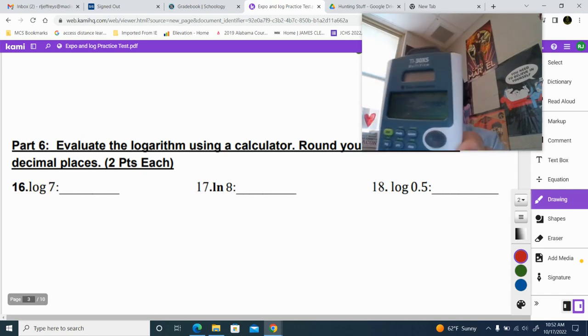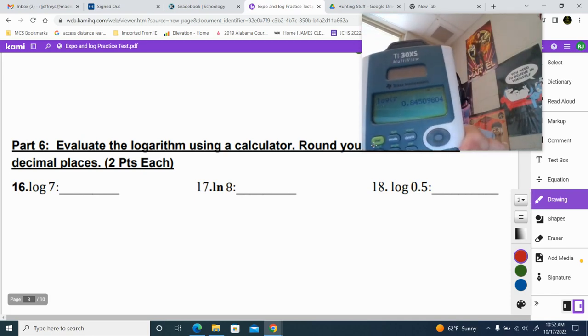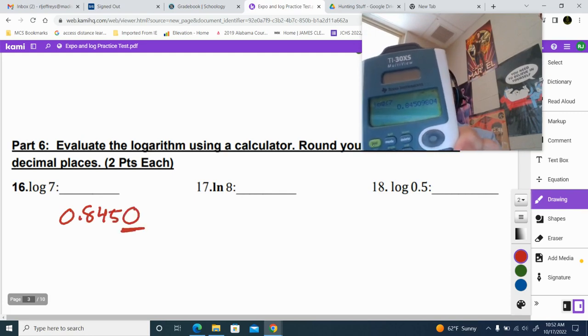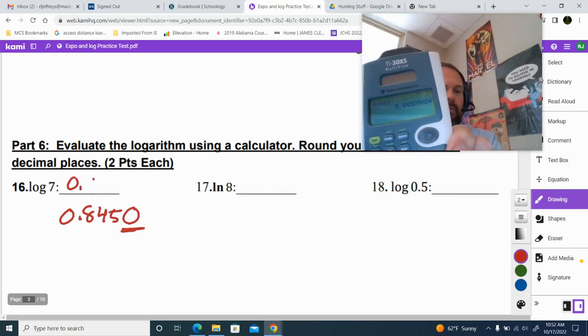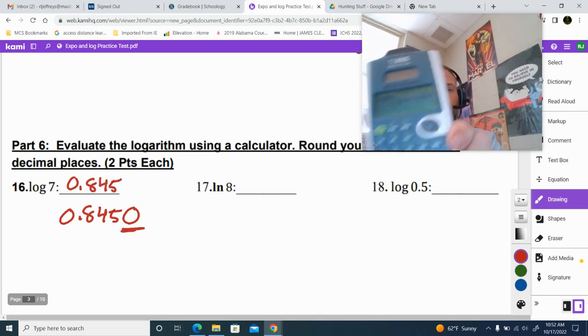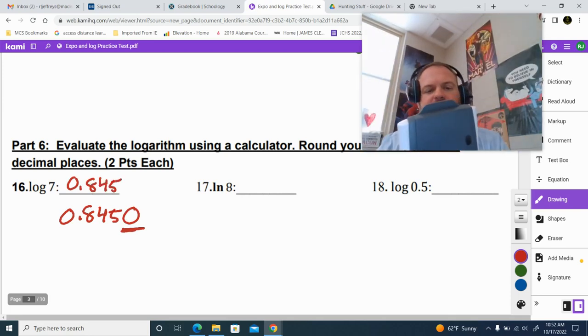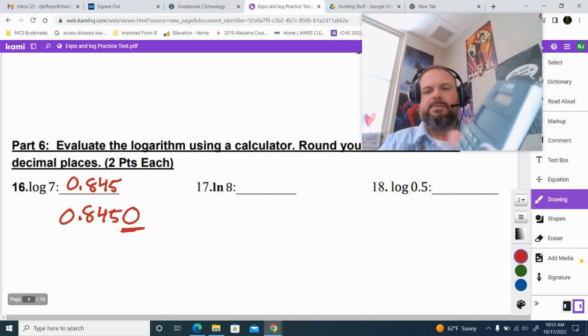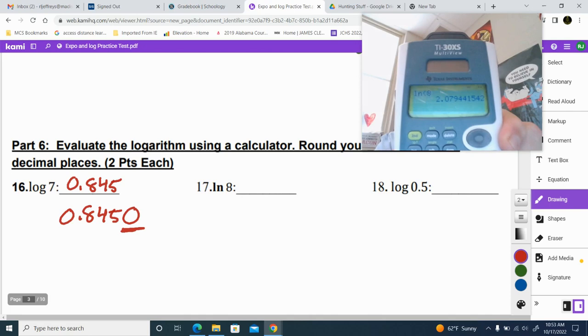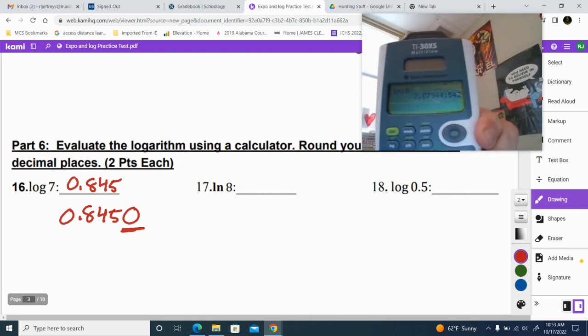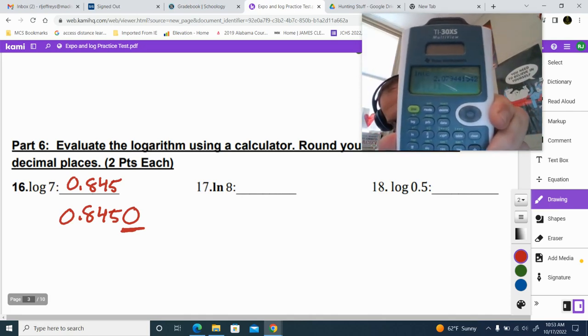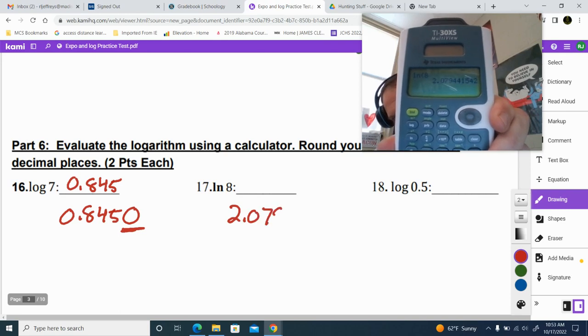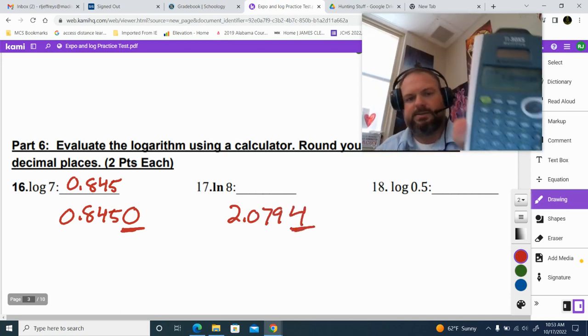It says 3 decimal places. So if this is 0.8450, that's 0.845. Below that's the natural log. So ln of 8. Enter. 2.0794. So 2.079.